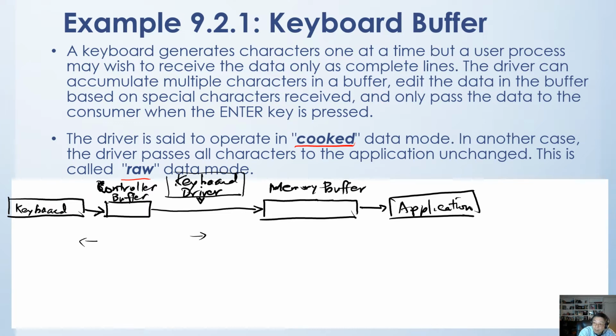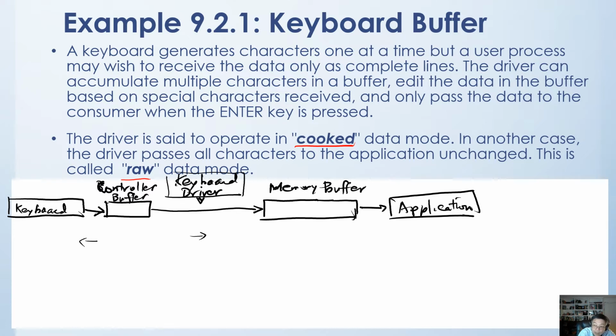The driver may be blocked when the data is transferred from the keyboard to the buffer, so the keyboard driver will be blocked until the transfer is done. Then the keyboard driver can access the controller buffer and send the buffer data into the main memory. Now the memory buffer is another buffer.